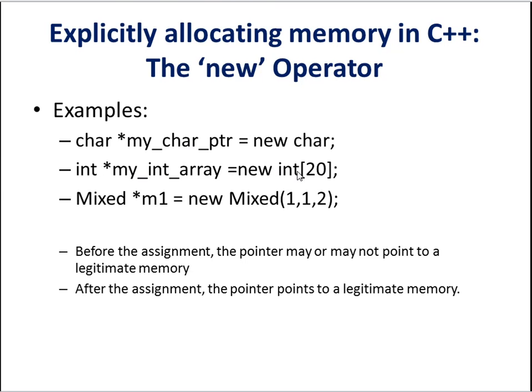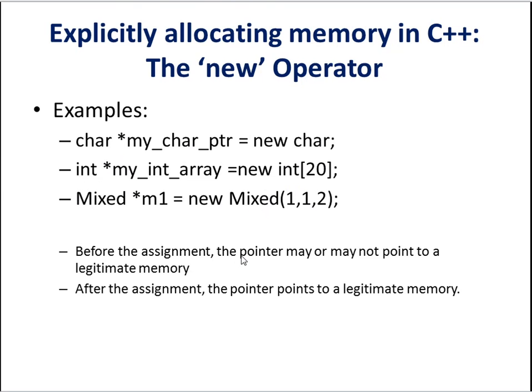Here memory is allocated for an integer type array of 20 elements, and the starting address of the array is returned to the my_int_array pointer of the integer type. Mixed star m1 equal to new Mixed 1 2 1. This is mixed type of data, or mixed type of memory is allocated, and the returned pointer is of type Mixed.